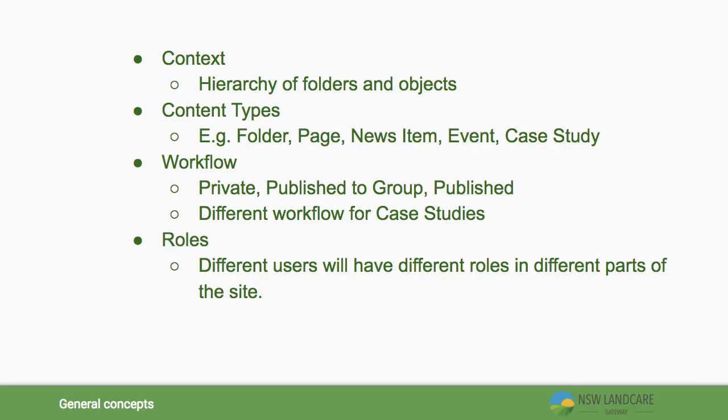So back to our third concept, that is workflow. And the idea here is that every piece of content on the website is actually in one particular state of workflow. So it might be private, it might be published to the group only, or it might be published to all of the public.